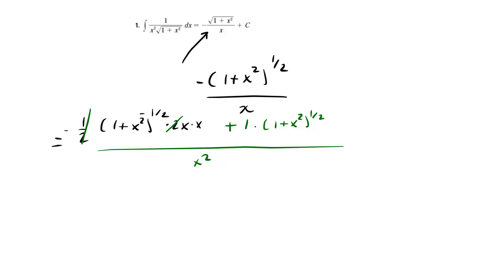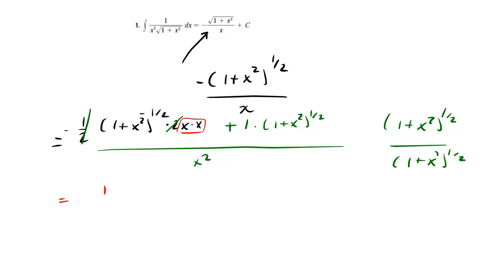And then if I multiply through here by x to the 1/2 and 1 plus x squared to the 1/2, top and bottom, that's going to simplify very nicely for us. So I'd have 1 up top times x squared.